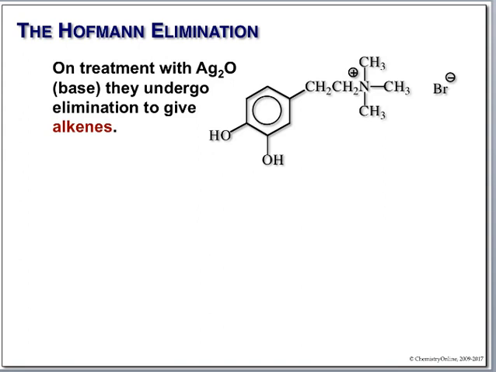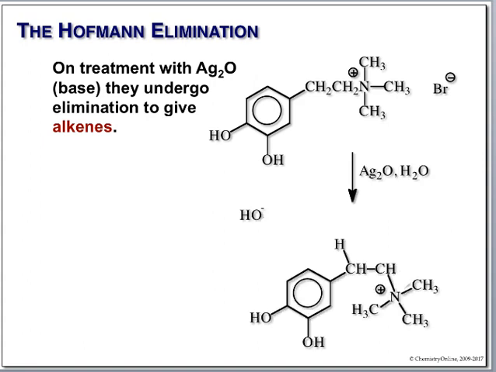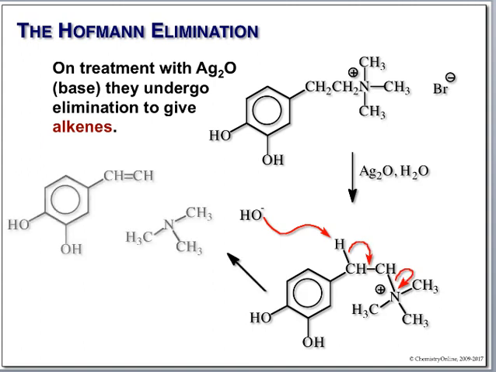So if we take our quaternary ammonium salt here, treat it with silver oxide, it's a good strong base. What happens is the base will pull off this proton, it's an E2 elimination, and we wind up with the alkene. So it's a nice simple way, Hofmann elimination, to convert amino groups into alkenes.